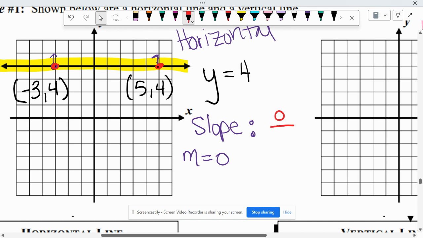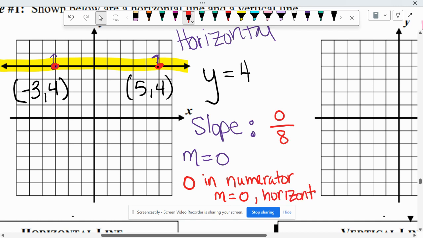How much do I run? I run 8. 0 divided by 8 is 0. So when you have a 0 in the numerator, your slope equals 0, and that is horizontal.